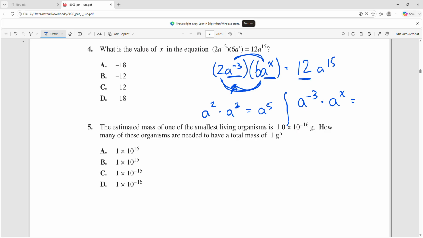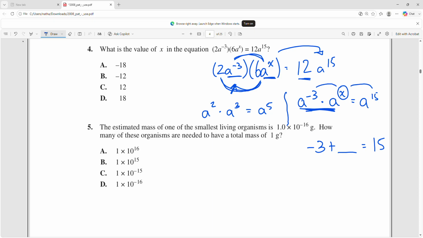That will have to result in this here, a to the 15. So remember, when we multiply, we add exponents. So this is like saying -3 plus something, my x, this unknown, is equal to 15, right? We're adding these exponents to get this.